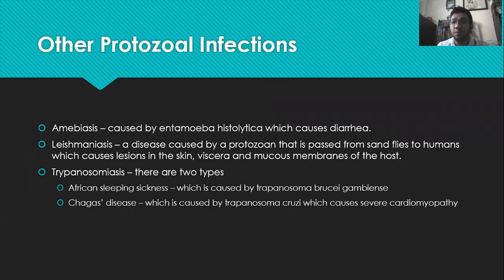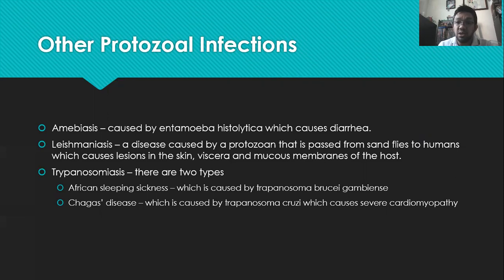Now we go to other protozoal infections. One of the most common protozoal infections that can occur to people would be amoebiasis, which is caused by Entamoeba histolytica that causes diarrhea. This is a diarrheal infection, and you can get this from drinking contaminated water.